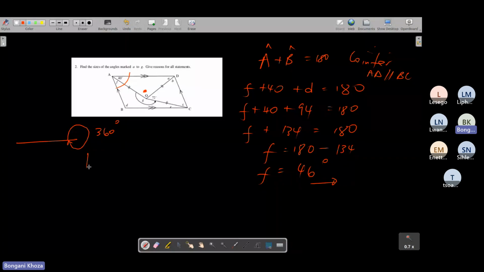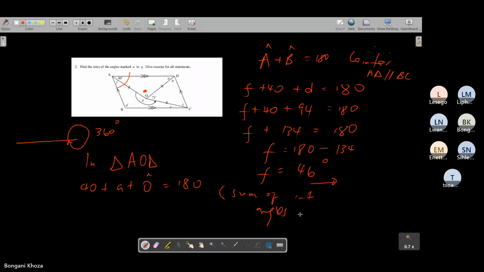So we can say in the triangle AOB, we know that we have 40 plus A plus angle O equals 180, reason being sum of interior angles in a triangle.